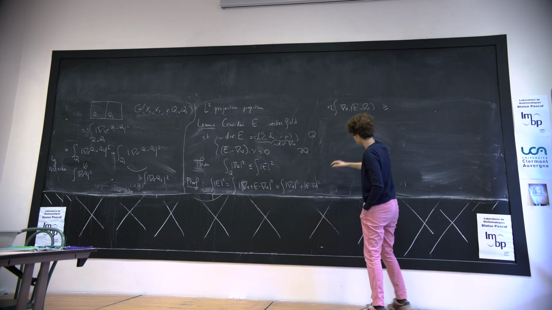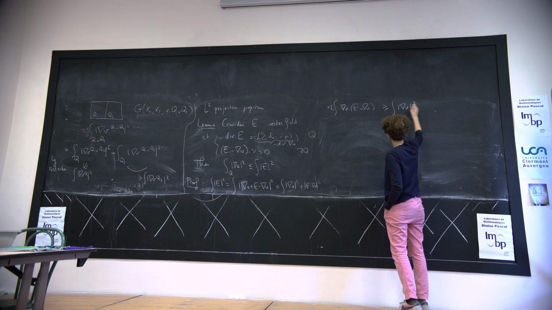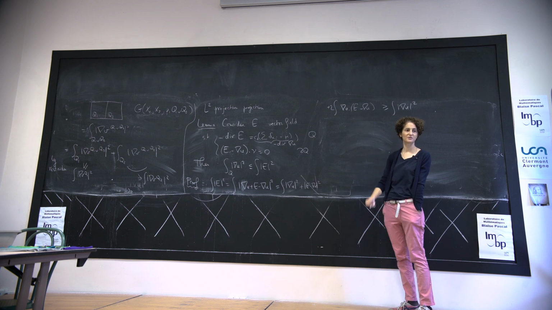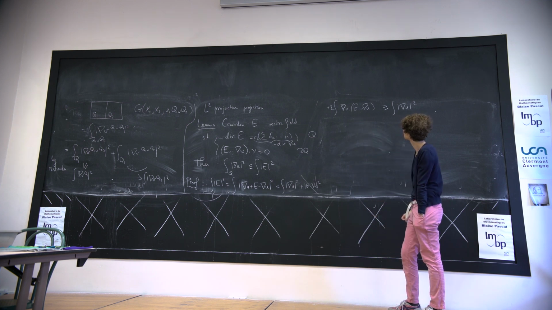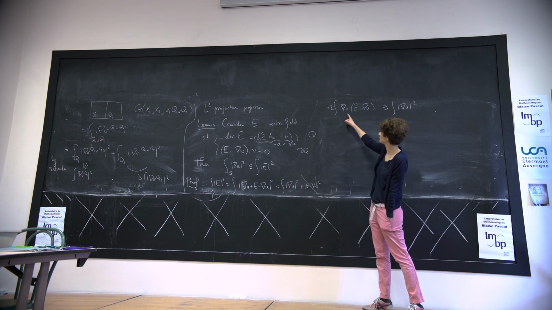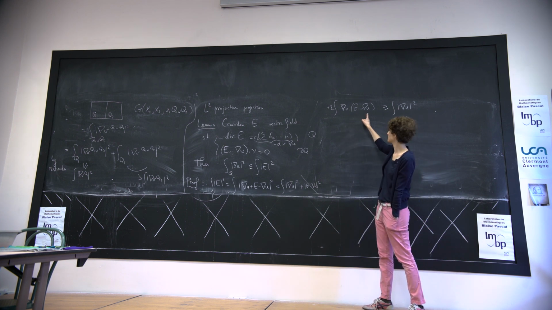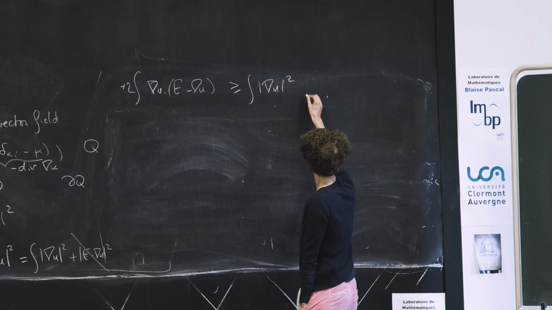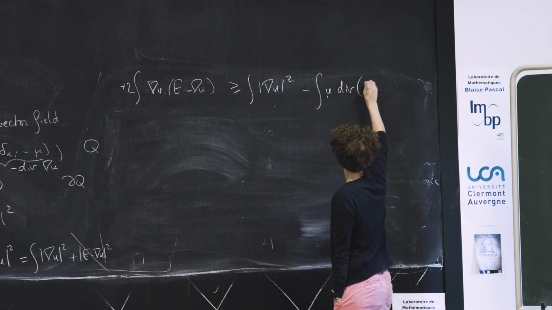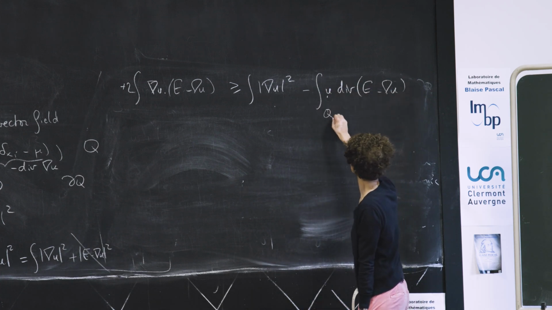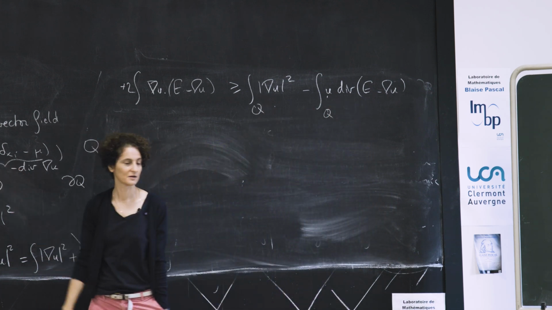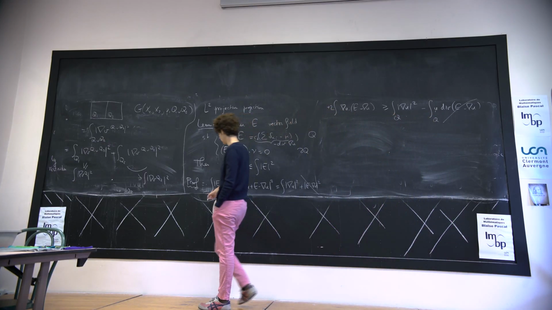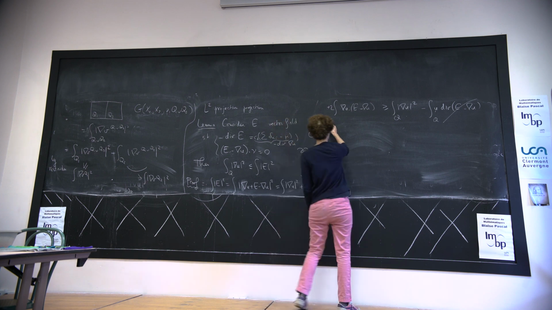So I write that this whole thing is larger than grad u squared. This one I drop, it's positive. And this one I integrate by parts. And if you integrate by parts, you're going to get a boundary term, E minus grad u dotted with the normal, and that's 0. Okay, and then you get minus u divergence of E minus grad u, but that's also 0 by definition of E. Okay, so this finishes the proof. This one is larger than that one.